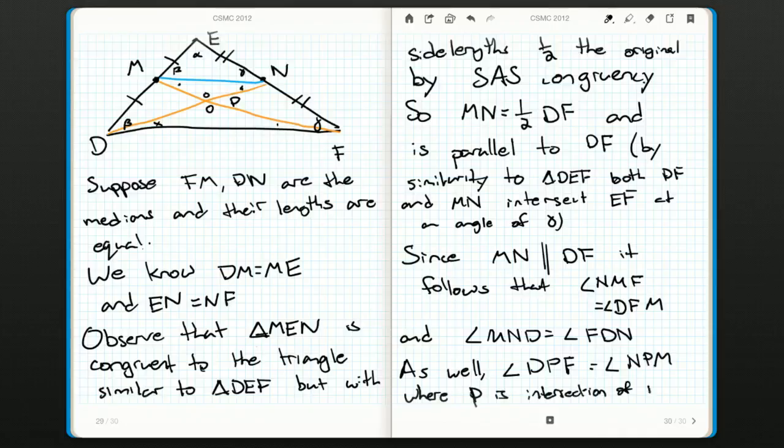So that's the intersection of FM and DN. So that means that PMN and PFD are similar triangles.